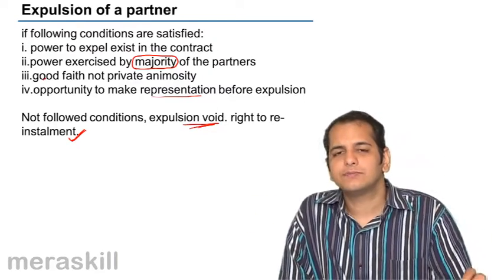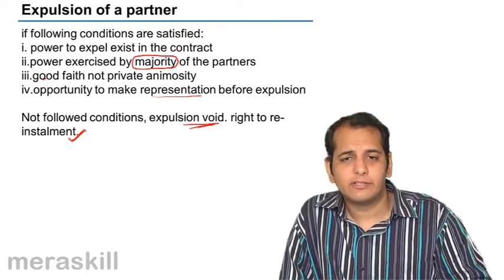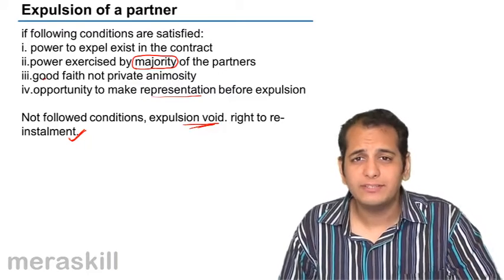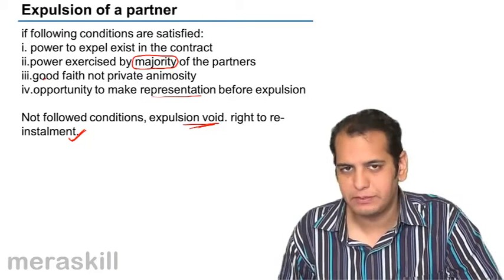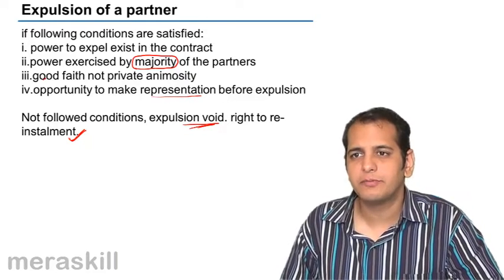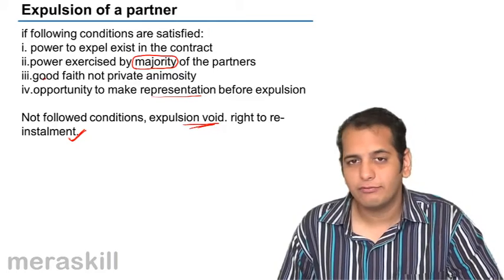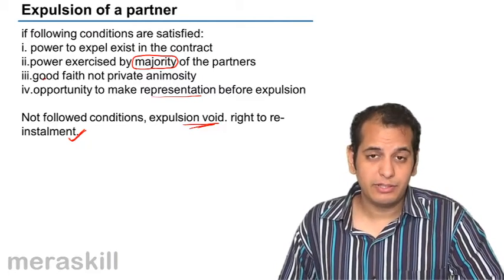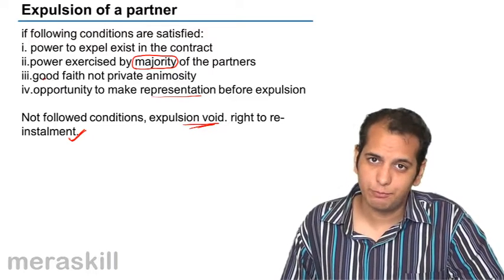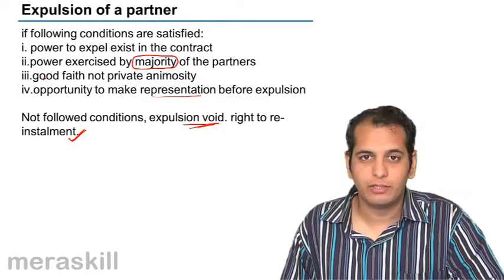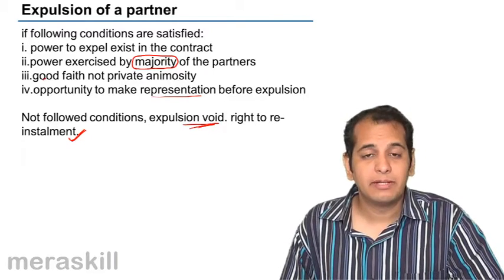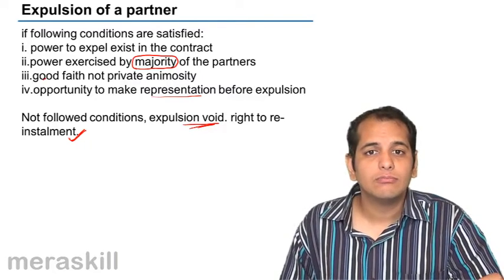Now the question is, why should the partner be expelled in the first place? There may be a couple of reasons. It may be because he might have committed some frauds like misappropriation of funds, embezzlement of funds, or accounting frauds.